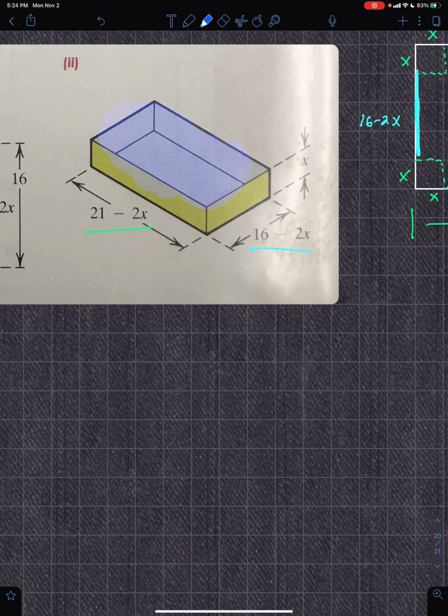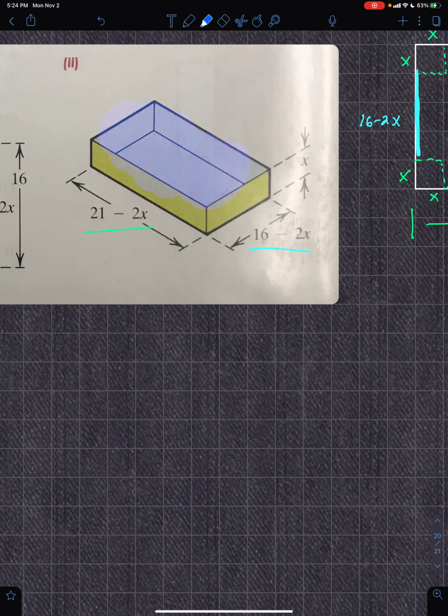The height, once you bend it up, will be x. So what's your formula going to be? Take a guess at what your formula is. You basically want volume in terms of x. Okay, well, volume in terms of x will be, I'll say length is 21 minus 2x.